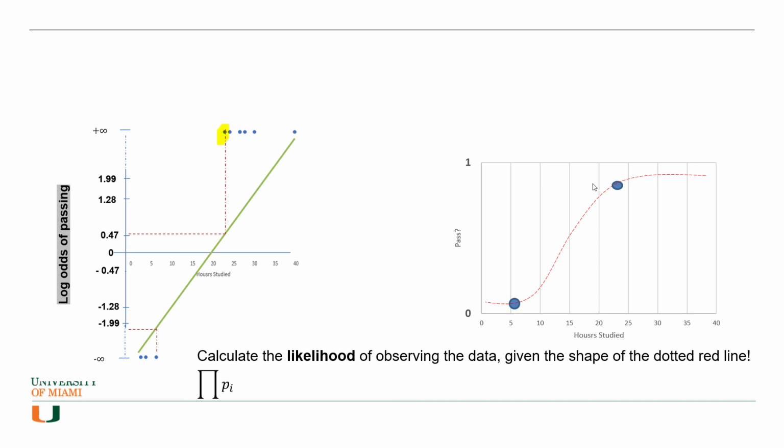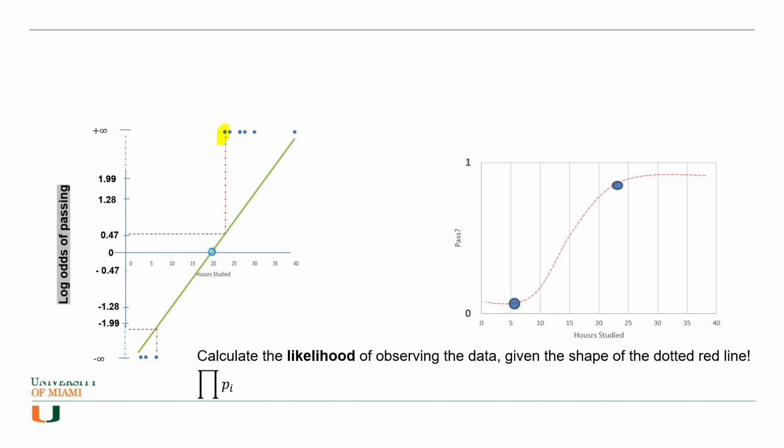So for each point, now you're going to have a likelihood, and you're going to multiply all the likelihoods together. For each point, you're going to have a probability, and once you multiply the probabilities of all those points, meaning the y-axis dimension of all those points together, you are going to have the likelihood.